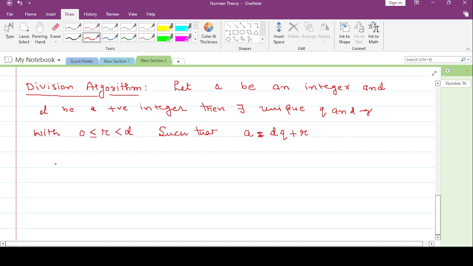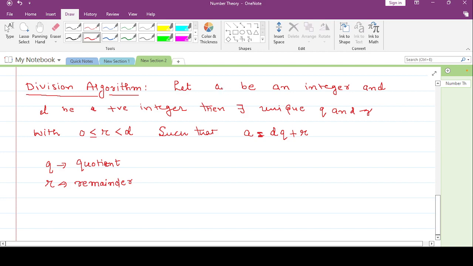Here q is called the quotient and r is called the remainder.